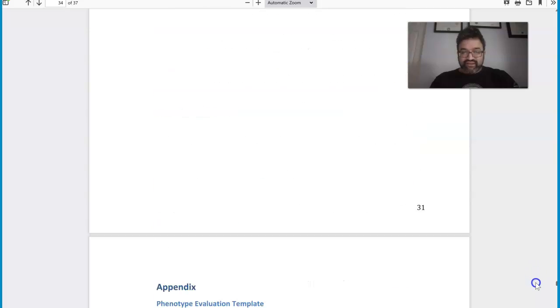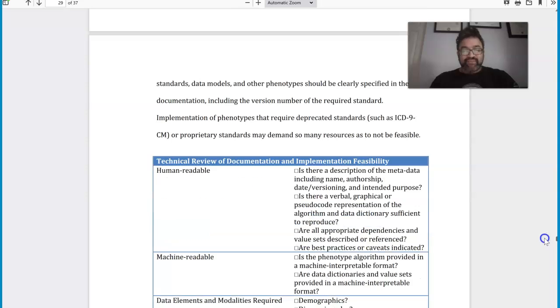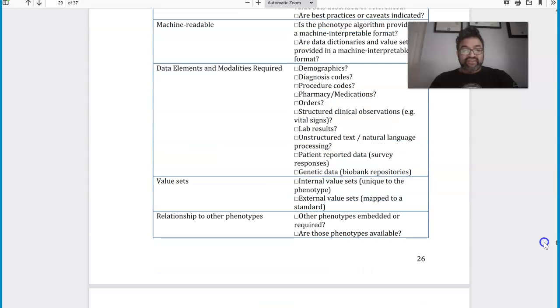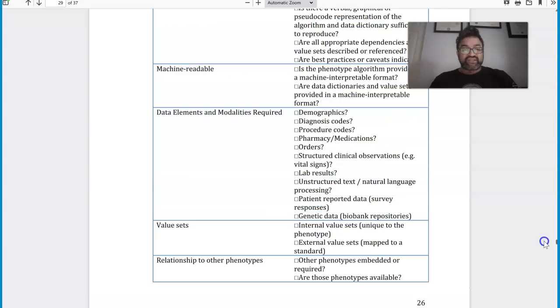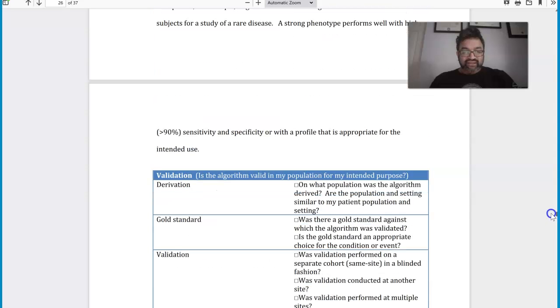So take a look at this if you're looking to implement some sort of data set and trying to understand what type of data set it is. For instance, data elements and modalities required, value sets, relationships to other data sets, machine readable, things like that.